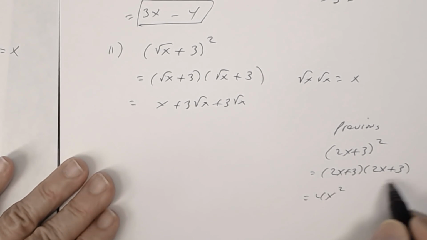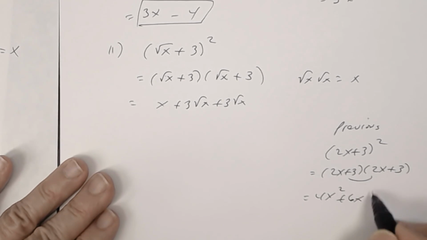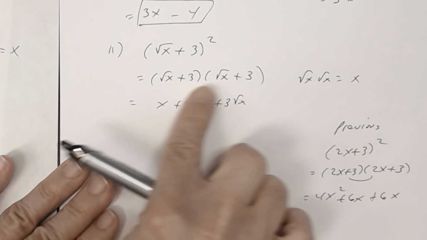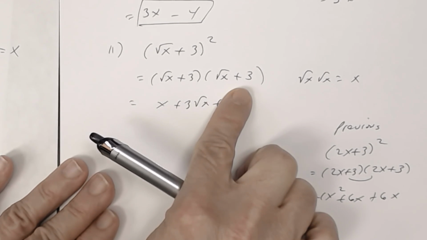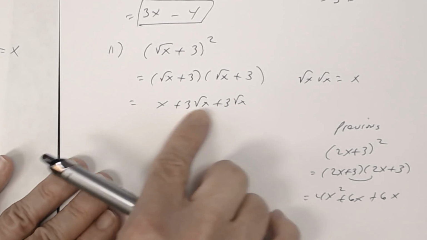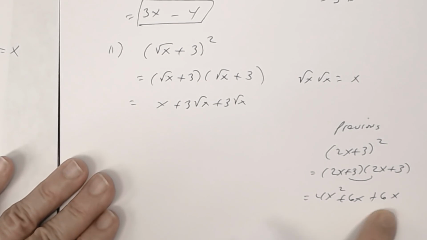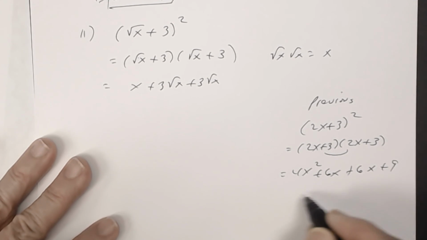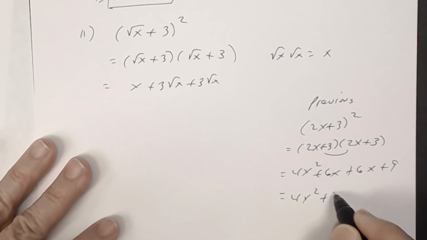The outer is 6x, and the inner was also 6x, and that's the idea here. So when you multiply a binomial by itself, the outer and the inner are going to be the same thing. And then 3 times 3 here was 9, and so you got 4x squared plus 12x plus 9.